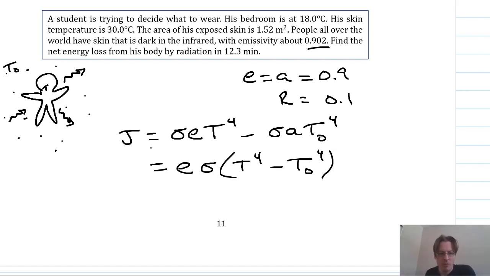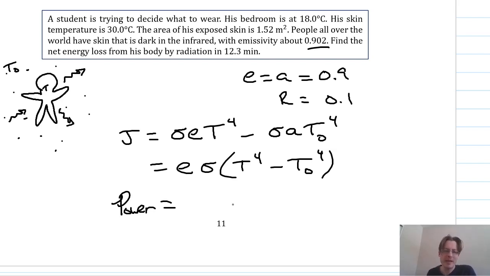Okay, so all I have to do is plug in. This would give me the energy flux from our body. Now, we actually want the power, the net power, which comes out of us. To do that, you have to multiply the flux by the area. You see, this J, that's the energy given off per square meter of our skin.